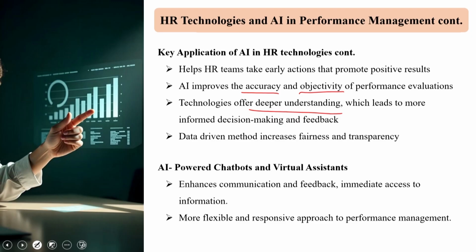Also, the data-driven method increases fairness and transparency, fostering greater trust and confidence among employees. So, when you look into key applications of AI in HR technologies, you have to appreciate that fairness and transparency are two vital aspects that can be achieved through the application of AI in performance management, specifically with respect to HR tech.